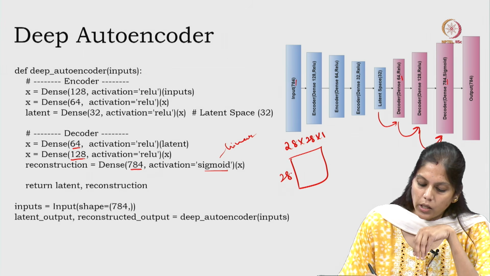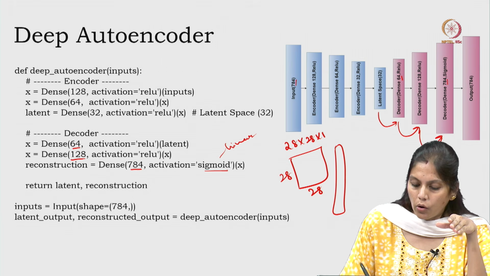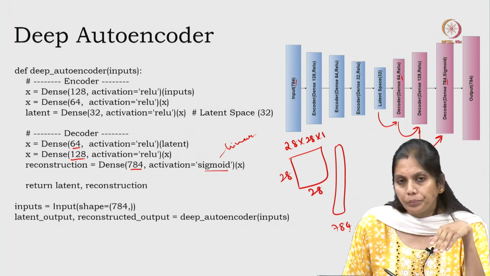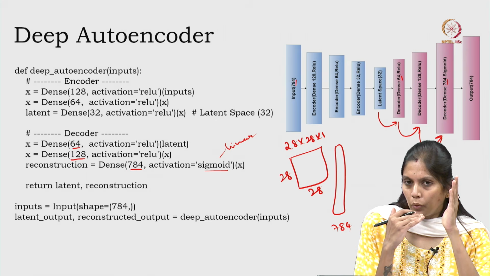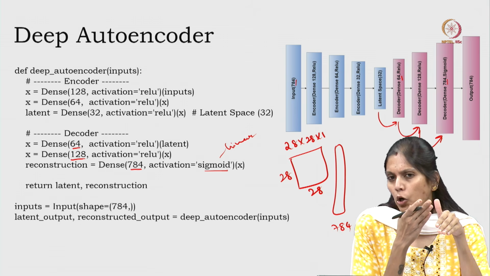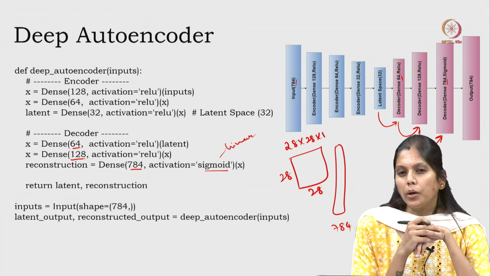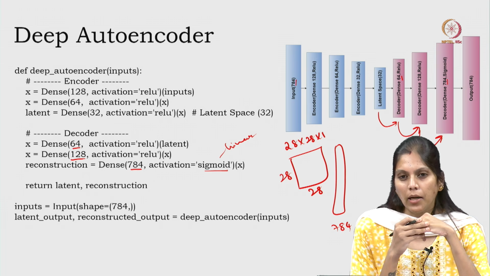You are converting that into a single vector of size 784, and then you have passed it to a deep autoencoder. Can we use this for an image? Definitely the answer is no.